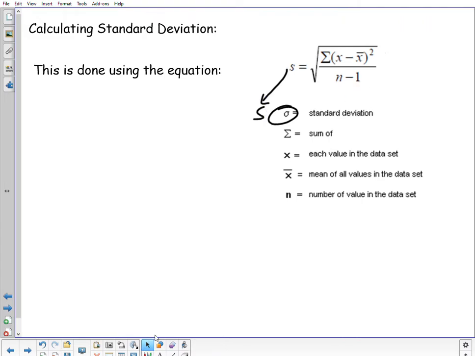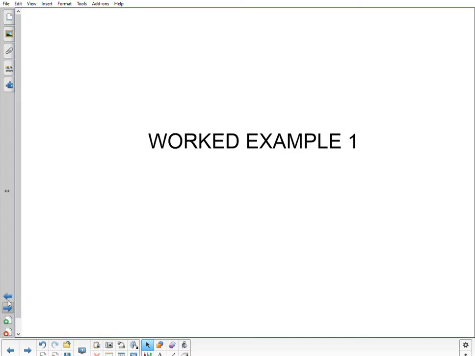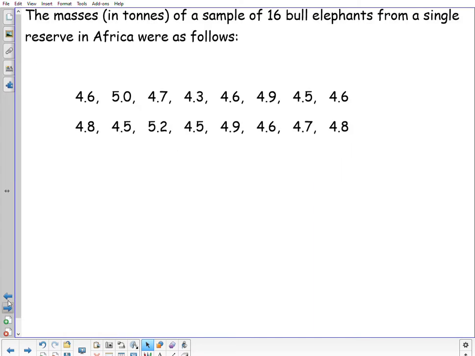So the best way to have a look at this and work this out is to have a look through a worked example. So let's start off with our first worked example.